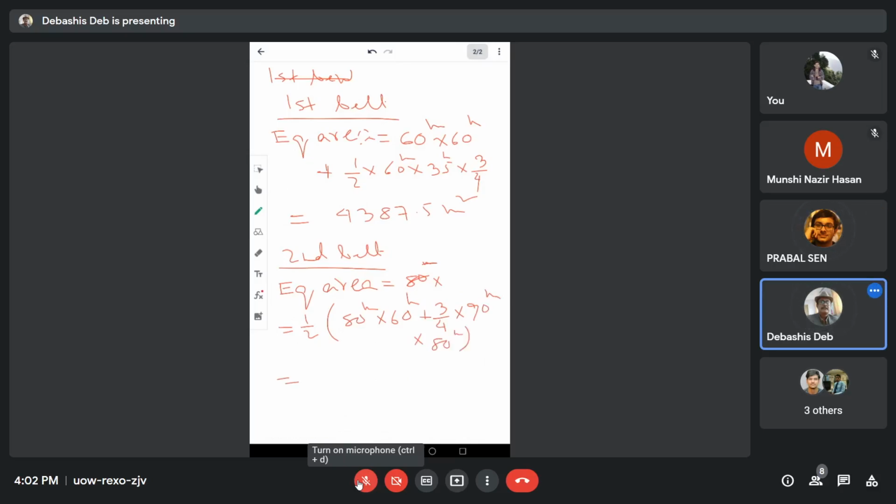Is it clear? Because this 90 meter is the length of the C, 55 plus 35, 90, and depth is 80 meter. So what is the figure?